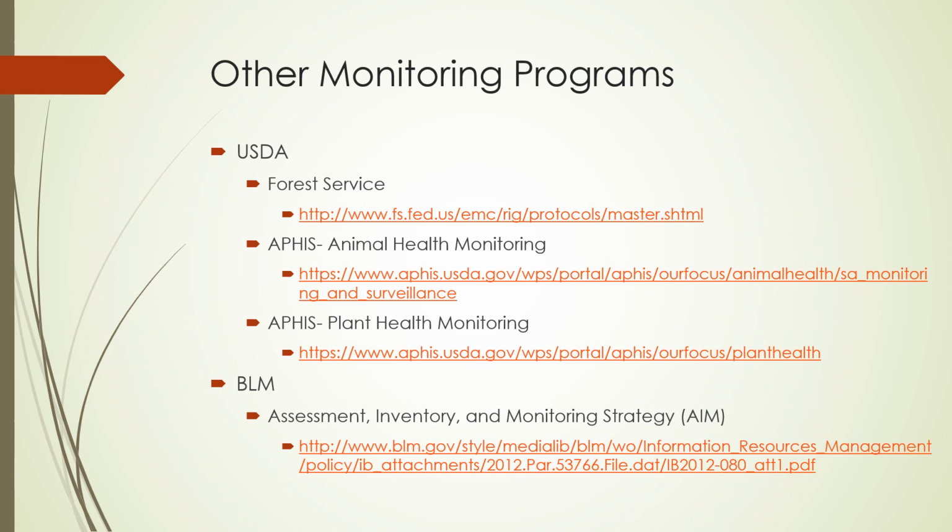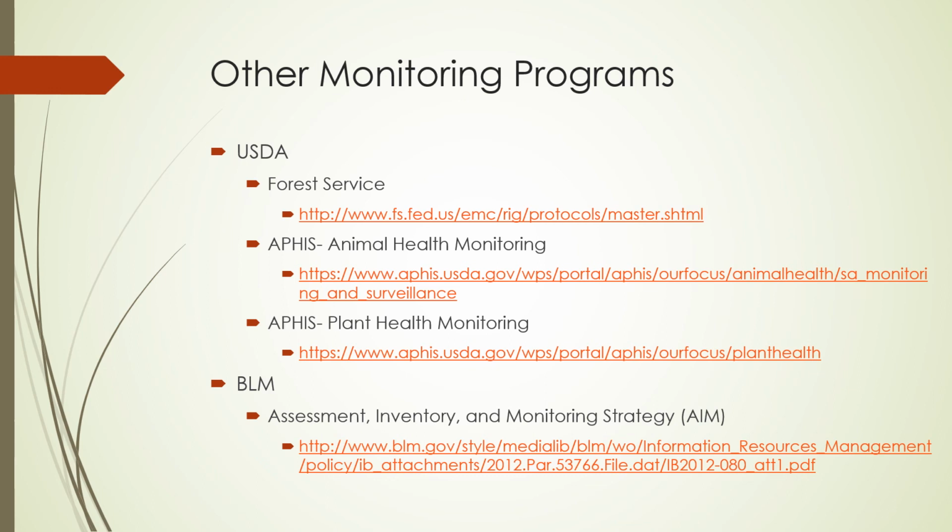Just want to say a little bit about the last one, the BLM Assessment, Inventory, and Monitoring System, AIM. That's just been set up recently. BLM was kind of called to task a few years ago when Congress asked them about information on their resources on their lands, and basically they couldn't provide any information because they had no developed monitoring system.